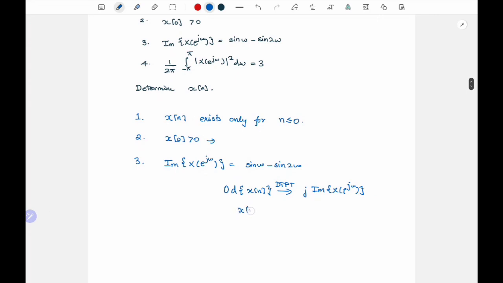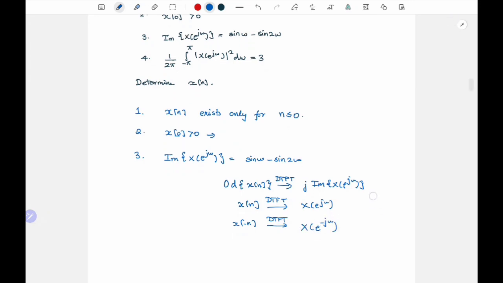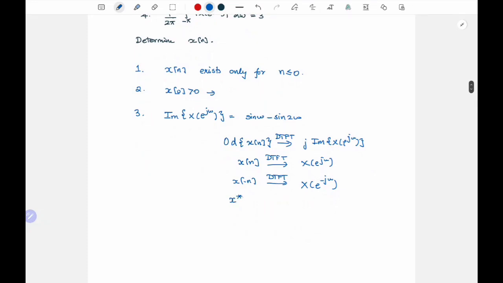Your x of n will give you a DTFT x of e power j omega, and x of minus n is going to give you a DTFT x of e power minus j omega, and x conjugate of n is going to give you DTFT of x conjugate of e power minus j omega, and x conjugate of minus n is going to give you DTFT x conjugate of e power j omega.